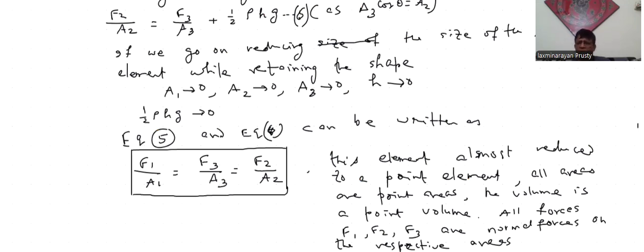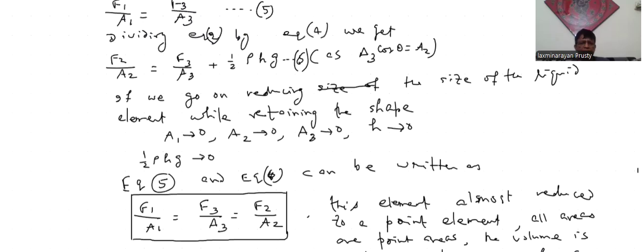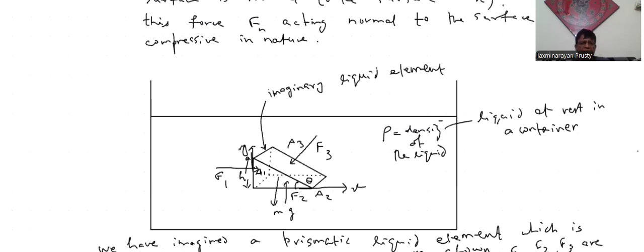Suppose somebody asks you, find the pressure at this point. Since I've already told you, whatever area I imagine, the pressure is the same. But to calculate the pressure here, I should take an area which is convenient to calculate the force.